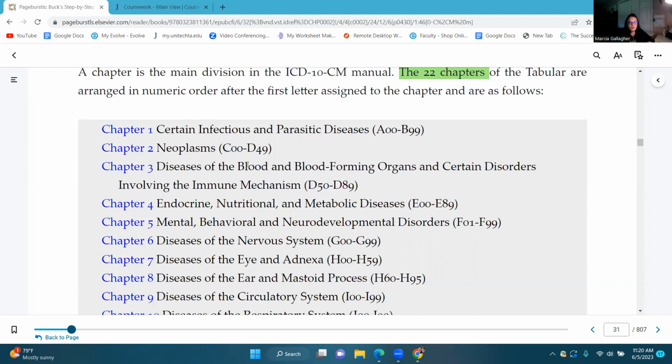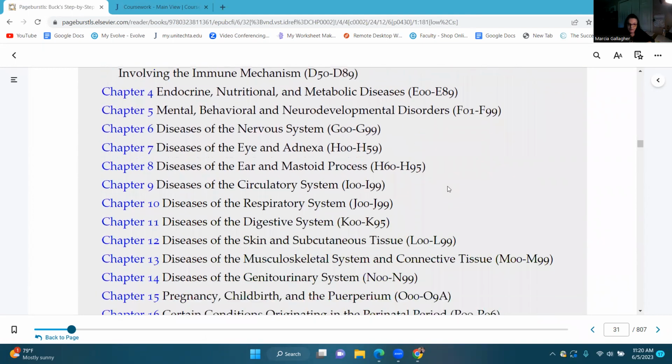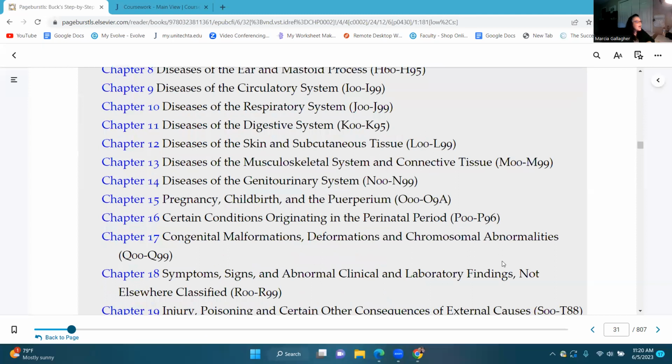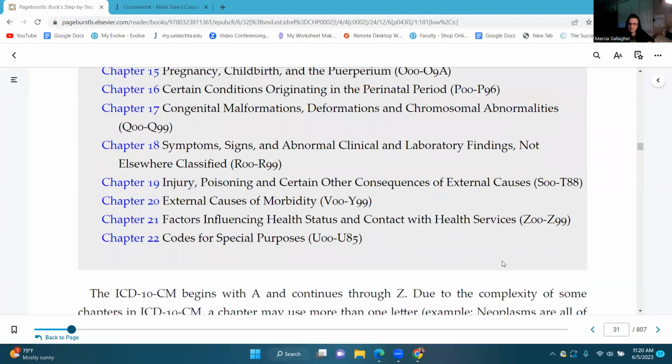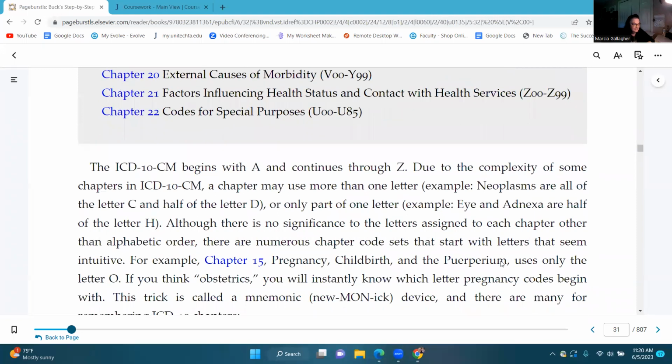Now, I am not going to go through every single one of these chapters. You have this in your book on page 31, and you can read through those, and it's important that you do so. The ICD-10-CM begins with A and continues through Z. Due to the complexity of some chapters in the ICD-10-CM, a chapter may use more than one letter.